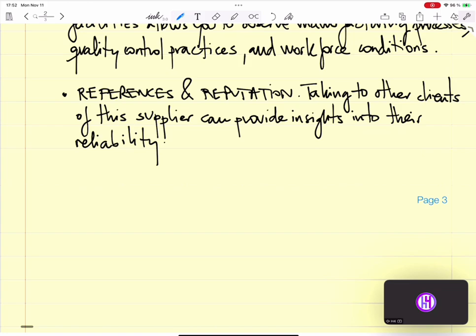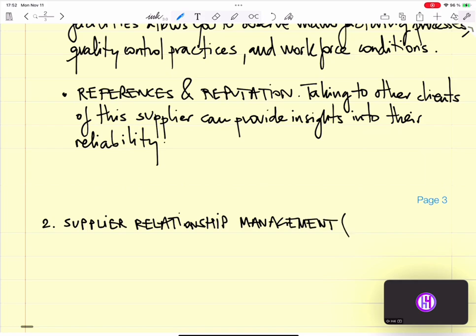So the second point we tackled today is supplier relationship management, SRM. Okay. So there are different types of supplier relationships.